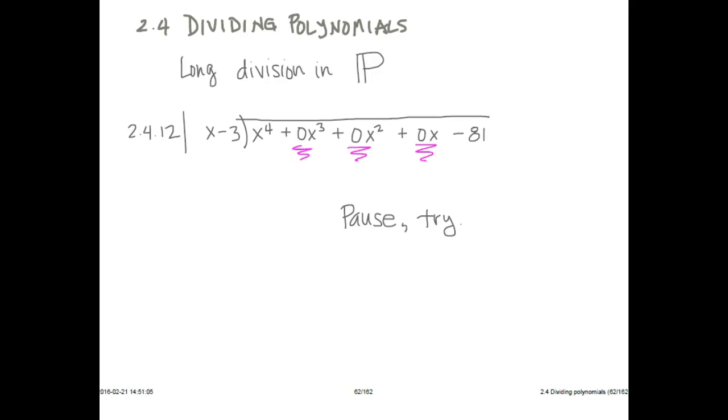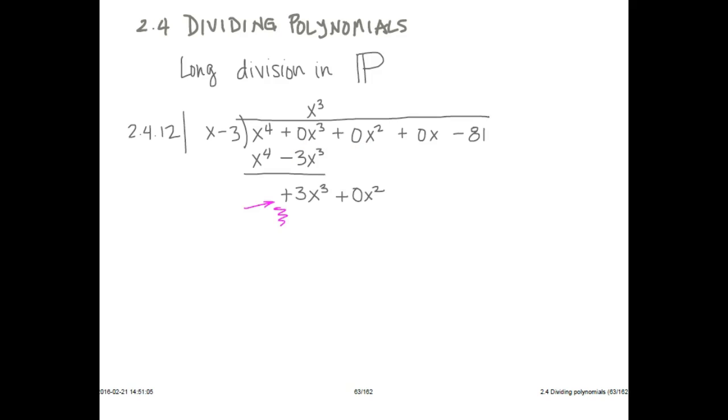So kindly pause the video here and try it your own self. Notice when I subtract the first, I don't know, I guess you'd call that a subproduct here, the sign changes. And then I bring down the zeroth, I'm subtracting this negative 3x cubed from the 0x cubed and bringing down another column of 0.